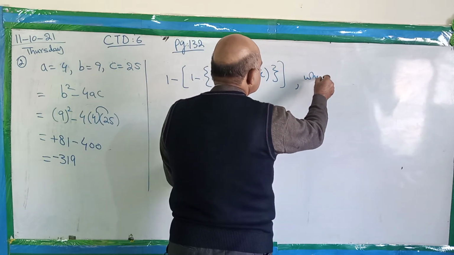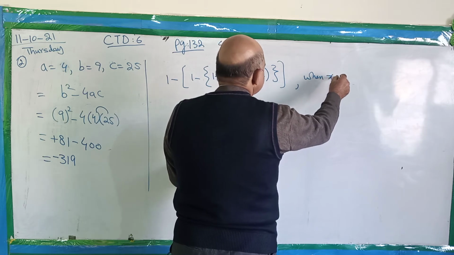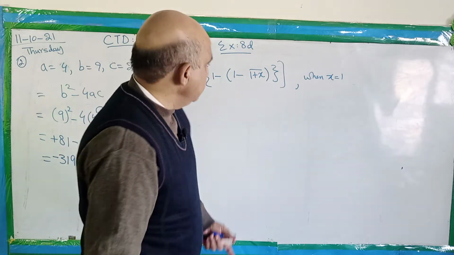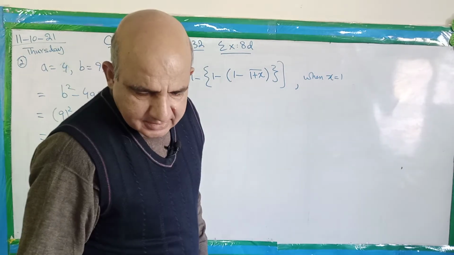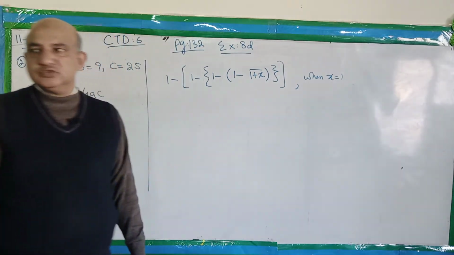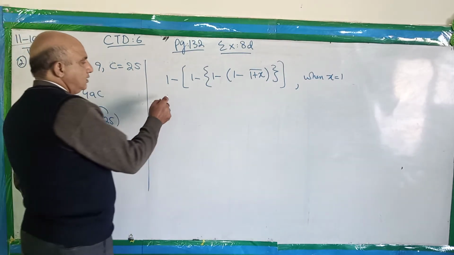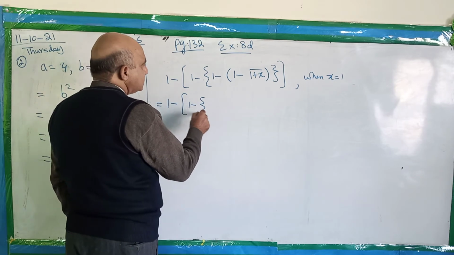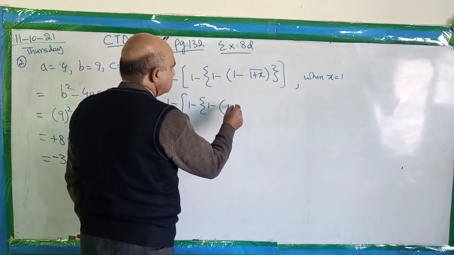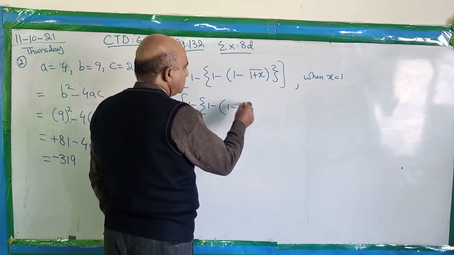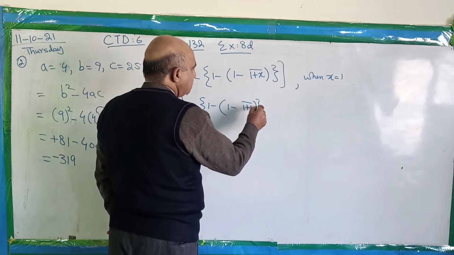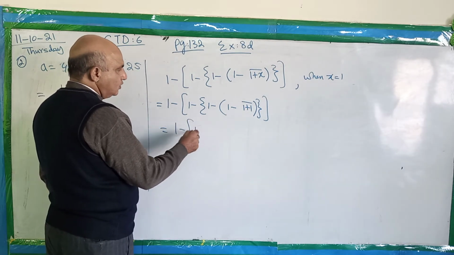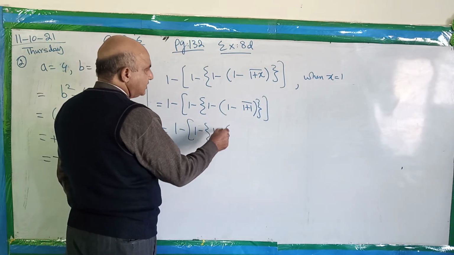When x is equal to 1, right? Here is only 1x, and he has given the value of x is also 1. So here we'll start from here. 1 minus 1 minus 1 minus 1 minus 1 plus 1. Again, 1 minus 1 minus 1 minus.